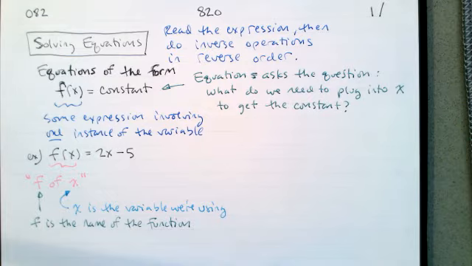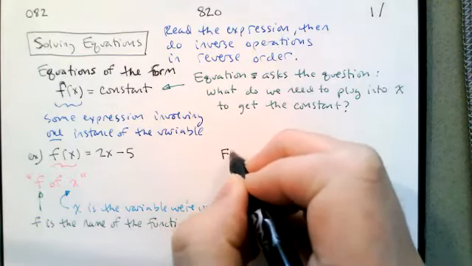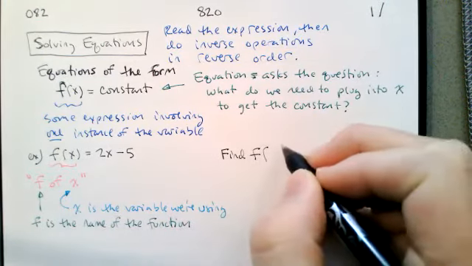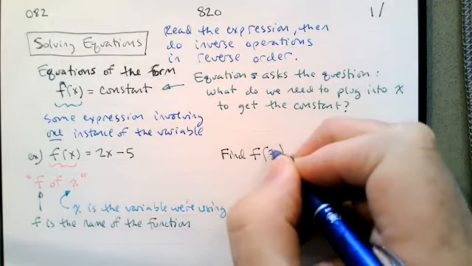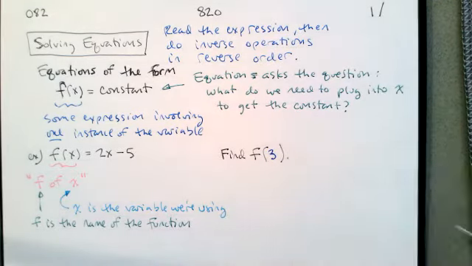If we want to evaluate the function at a particular value of x, we could say find f of, and then we plug a number in, let's say 3, that'll do. This means we're going to replace the x in the expression with a 3.